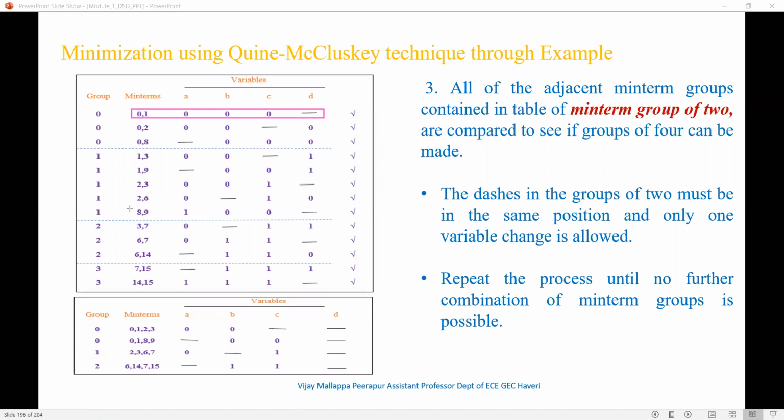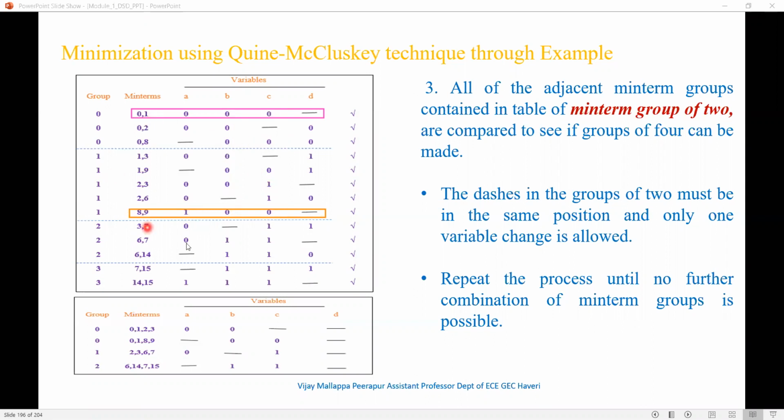With 8 and 9, because as I said, the first thing for comparison is that the dash should be the same. It has to be for the same variable, and look whether there is a one variable change. As you can see from this one, what we have is 1, 0, 0, 0 and 0. Again, there is only one variable change.